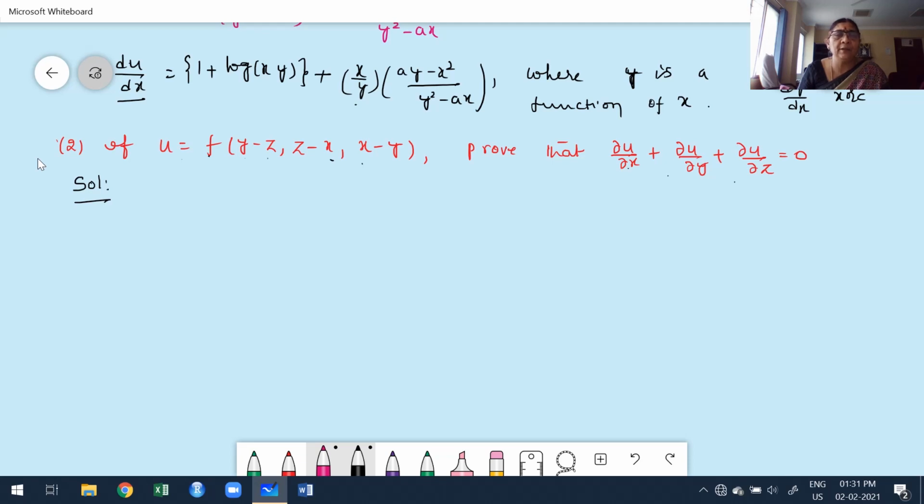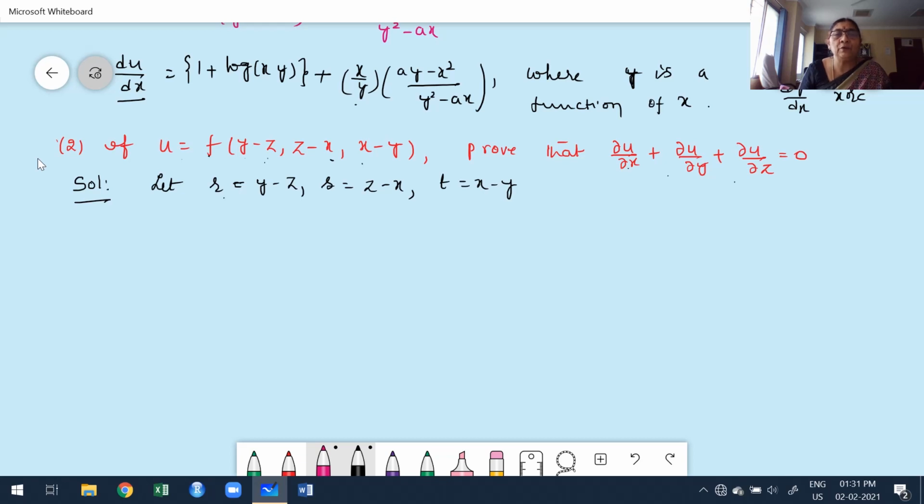For our reference, I'm going to take new variables r, s, t, where r is equal to y minus z, s is nothing but z minus x, and t is nothing but x minus y. I'm trying to express the given function in one of the standard forms, either composite function, implicit function, or total derivative form.